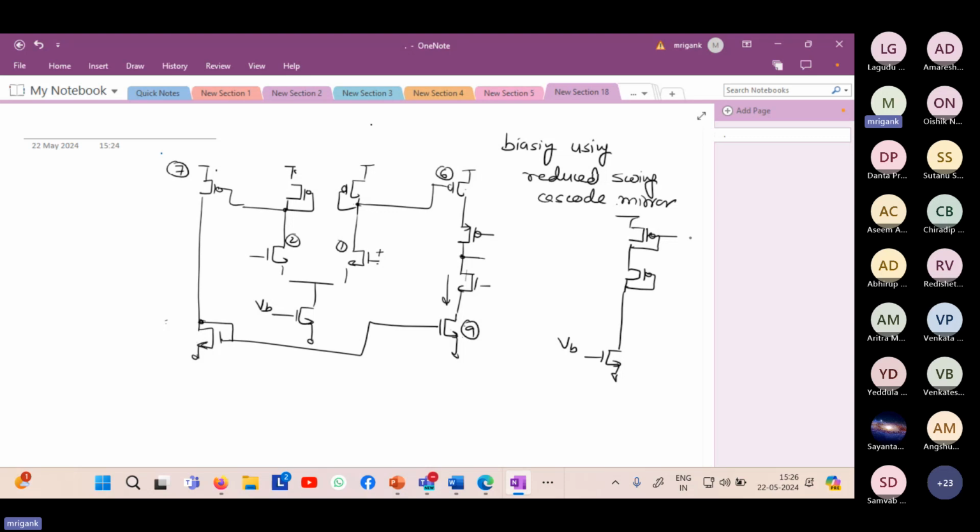And then we are also mirroring it into another NMOS branch, and then using NMOS transistors like this.